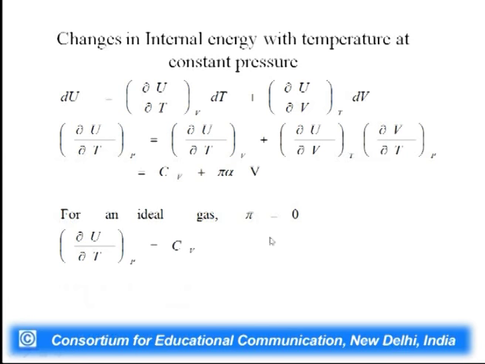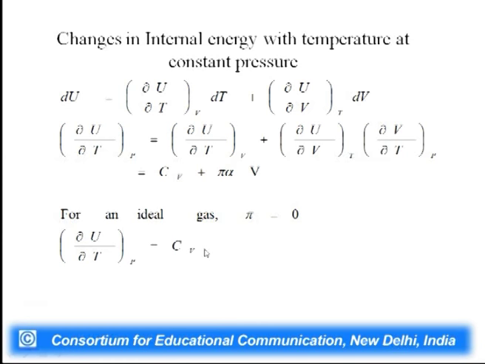So, for an ideal gas, you can calculate how internal energy changes with temperature at constant pressure. You can also calculate this for a van der Waals gas, since you know the value of pi. Pi is equal to n²a/V². You just put it here, multiply it, and then you get Cv plus another term.